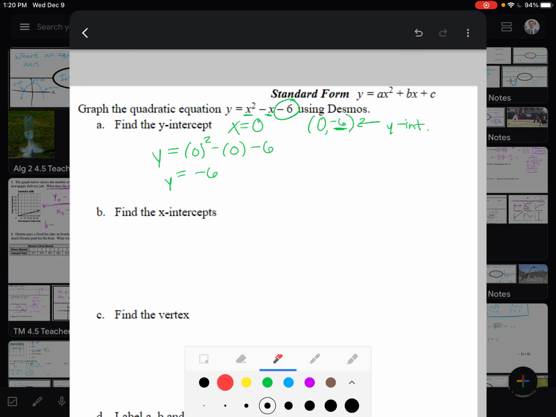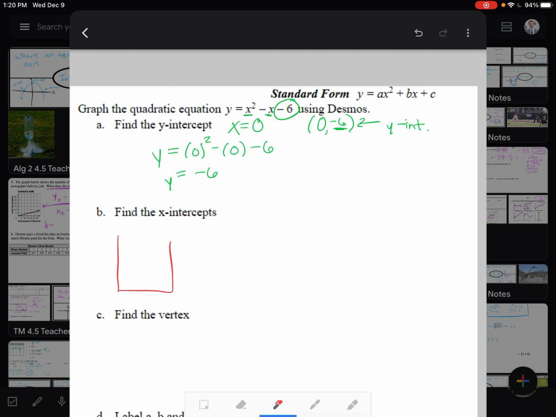Next, the x-intercept. So these are a little bit more involved. We know that we find these by doing the box method. So first, last, list out our factors here. Let's try 3 and 2. They have a difference of 1, which is what we're looking for. We want to make sure that the 3 is negative and the 2 is positive, because that gives us the negative one that we're looking for. Okay, so we're left with x minus 3, x plus 2 equals 0.